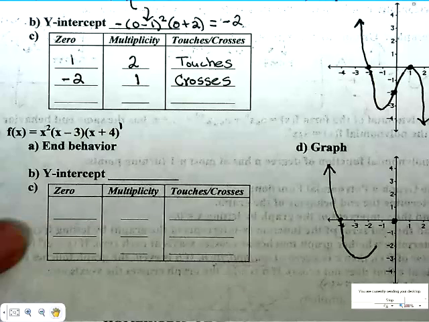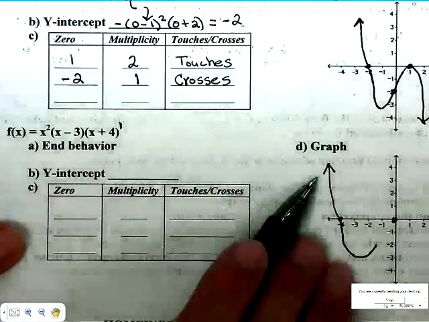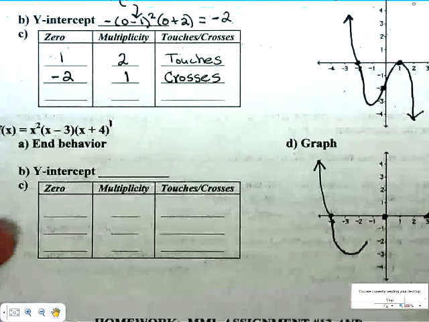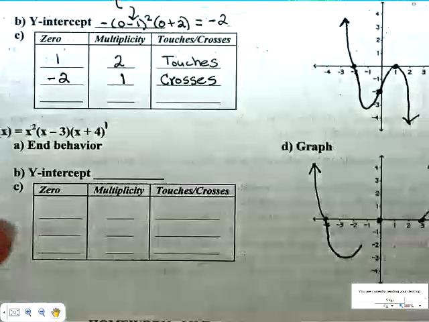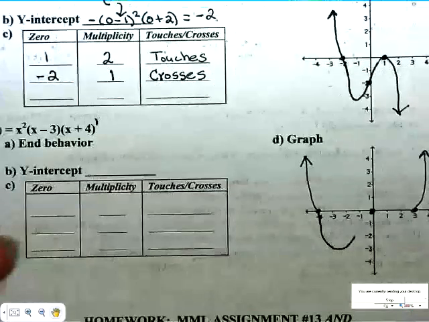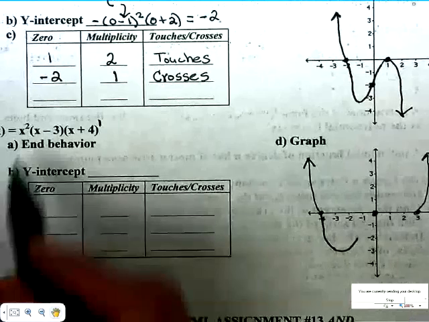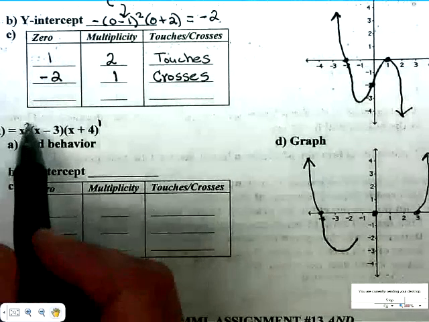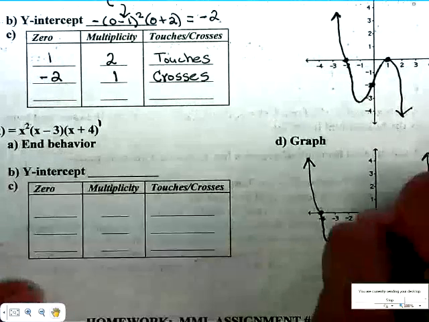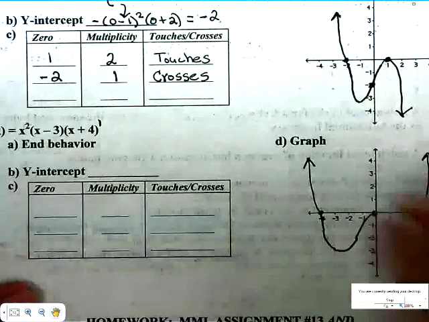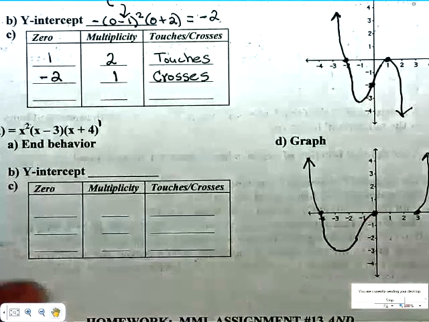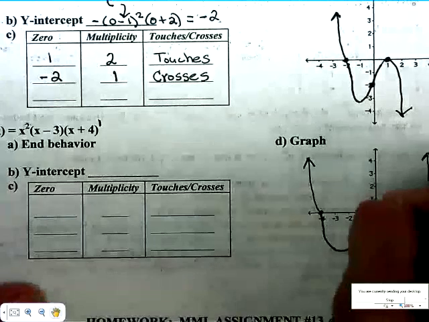Both ends go up. That's going up. You got it? Okay. And what did you say was going to happen at the origin? Even exponent means the graph touches, but does not cross. Does a U-turn there.